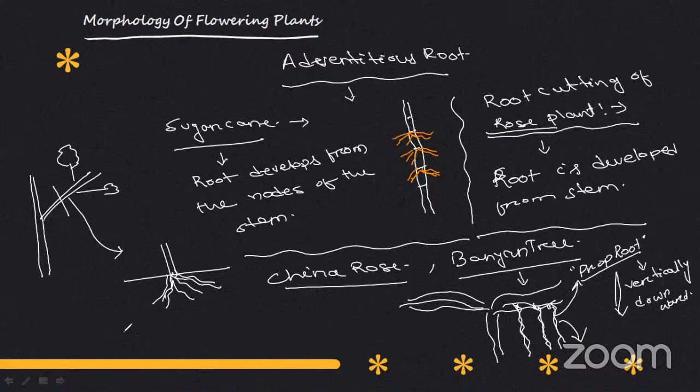Okay, so these are the different kinds of root that we have discussed here. First of all, we discussed the taproot, the root developed from the radicle. Another one is the root developed from different parts of the plant. It may develop from the lowermost node of the stem, from different parts of the stem like nodes and internodes, or from the leaf.